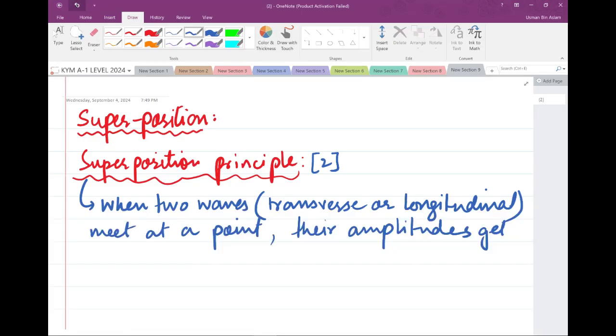Instead of amplitudes, I'm going to improve my definition a little. Their displacements get added.